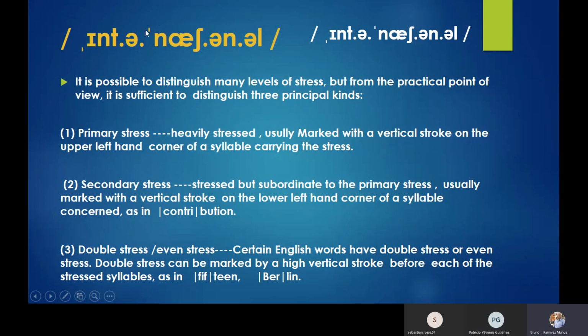This is the primary stress we can see in the third syllable. And the secondary stress is subordinate to the primary stress, so it's not as important. It's shorter and probably not as easy to identify. It's marked with a vertical stroke on the lower left-hand corner of a syllable.